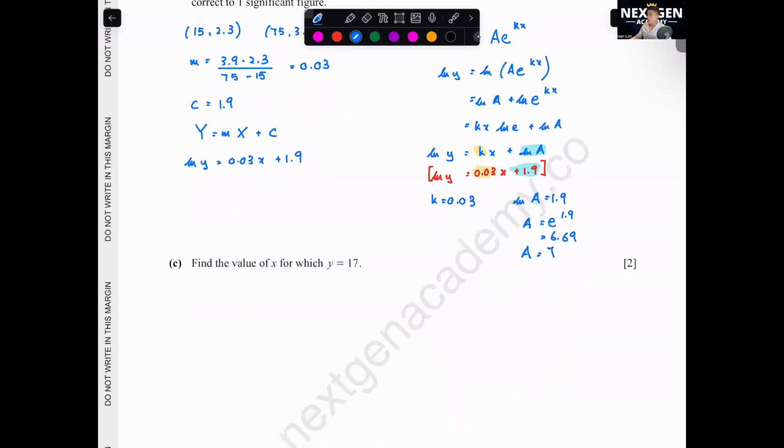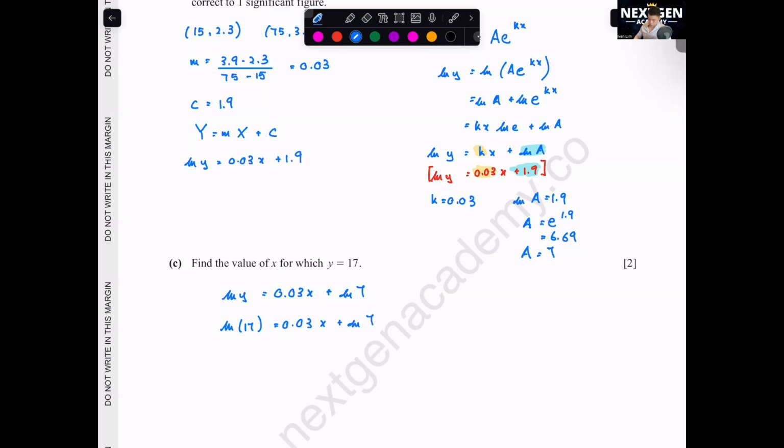Next one, question C. Find the value of x for which y is equal to 17. I'm going to substitute the values inside. So ln y equals 0.03x plus ln 7. I want to put y equal to 17, so not ln y, this one is ln 17 equals 0.03x plus ln 7.